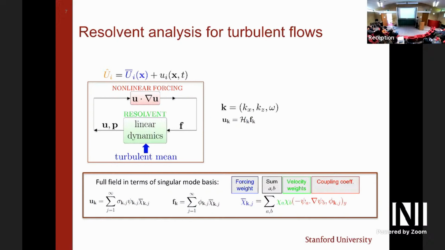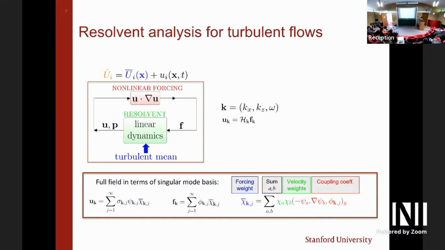So once I have these basis sets through the SVD, I could write expressions and work out what the interactions are, or how important the interactions are. If I call the velocity weights chi, that would be sigma times chi bar. For each resolvent mode, I can work out the interaction term, the projection onto the forcing mode and the velocity weights. So in theory, at least, I could close this loop.